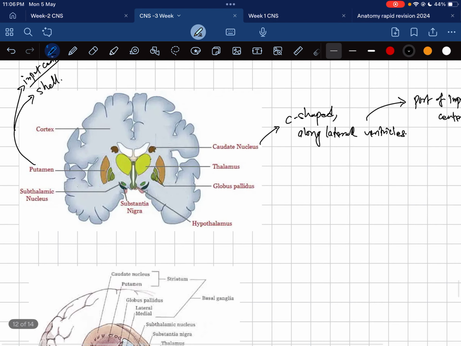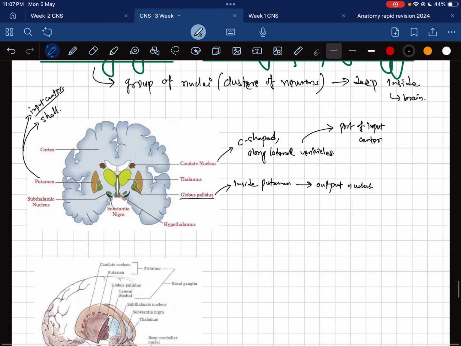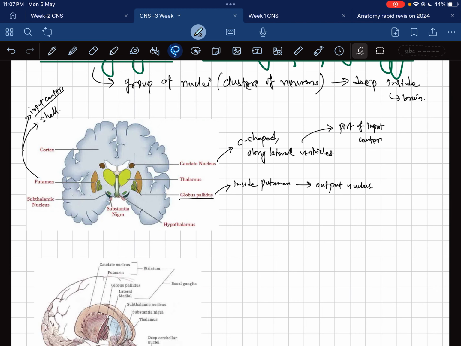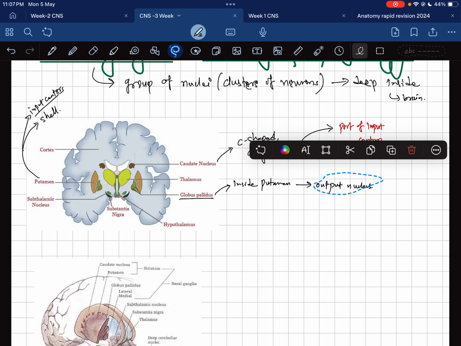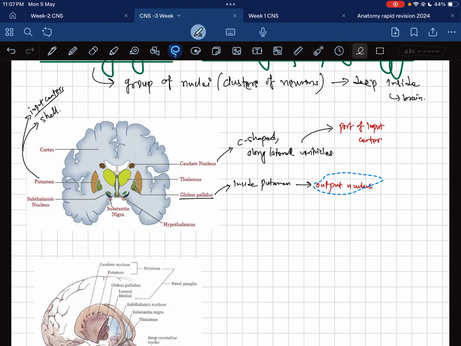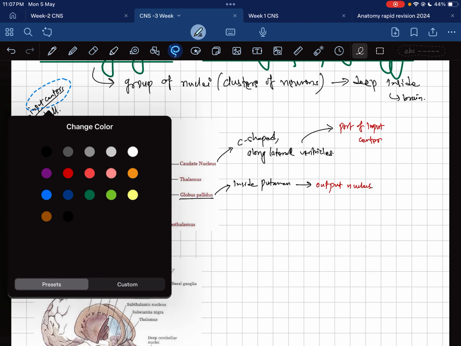After that there is the globus pallidus. It is present inside the putamen, and its function is as an output nucleus. To make it clear, I will change the color code to better understand the functional aspect.